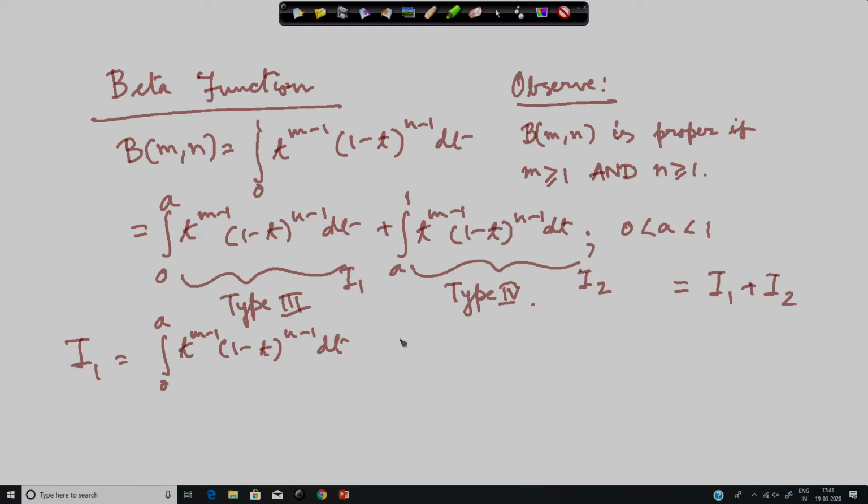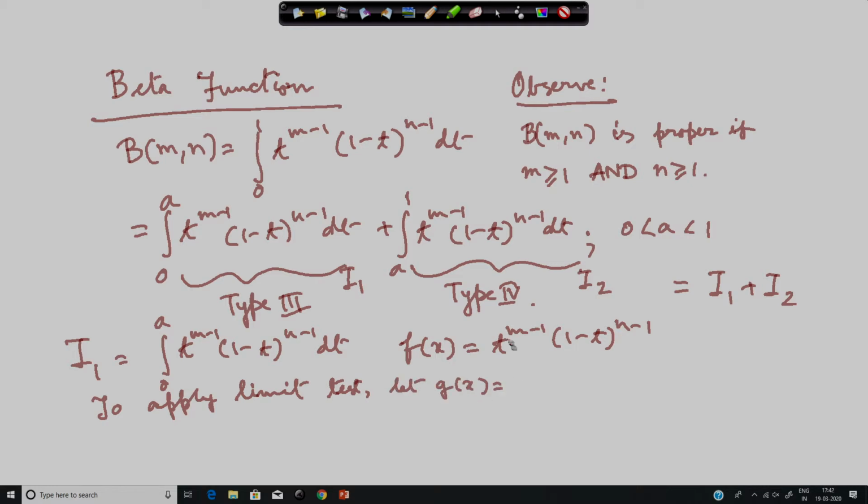If we call the integrand f, to apply the limit test, let g equal simply t to the power m minus 1.